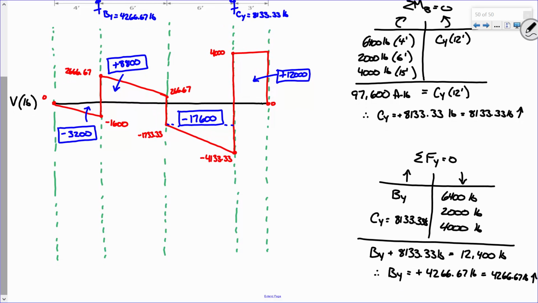First off, when I draw the moment diagram, I don't really care as much about the loads. I care about it a little bit, but not substantially. Now, the moment's going to be in foot-pounds, right? Pounds times feet. Let's look at what this is going to look like.